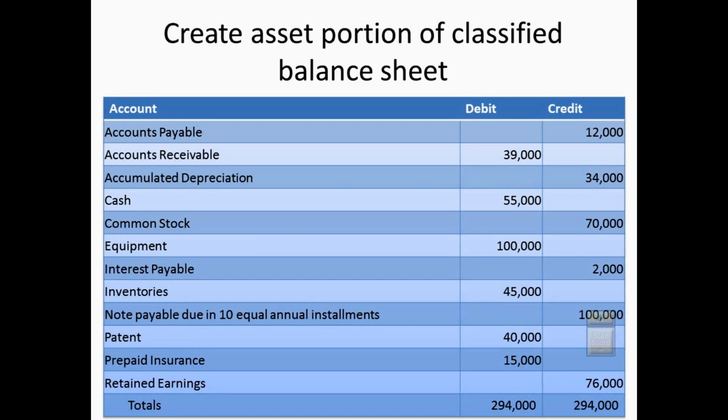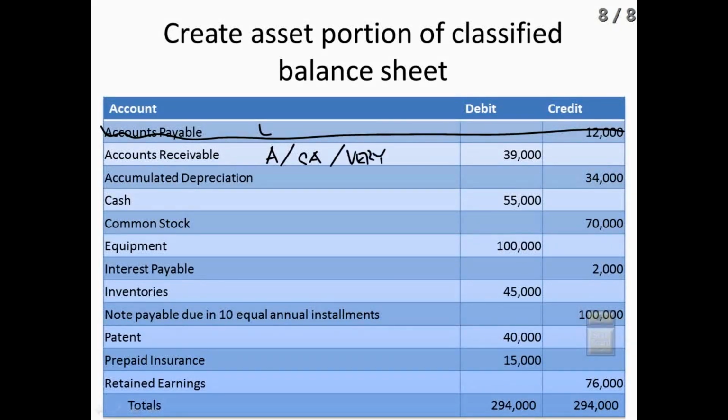Okay, so let's talk about this. Which of these items, accounts payable, is that an asset, liability, or owner's equity? For now, let's ignore that. Accounts receivable, what kind of asset? How liquid? Very.